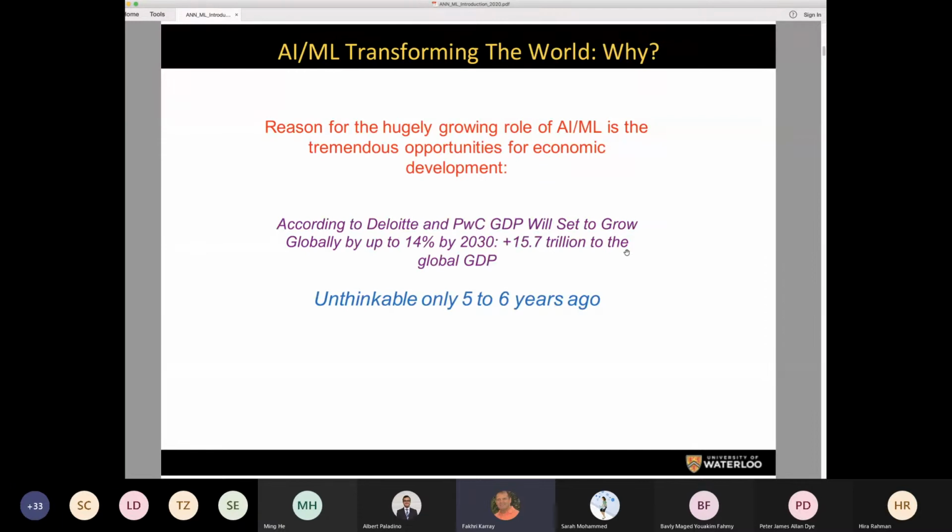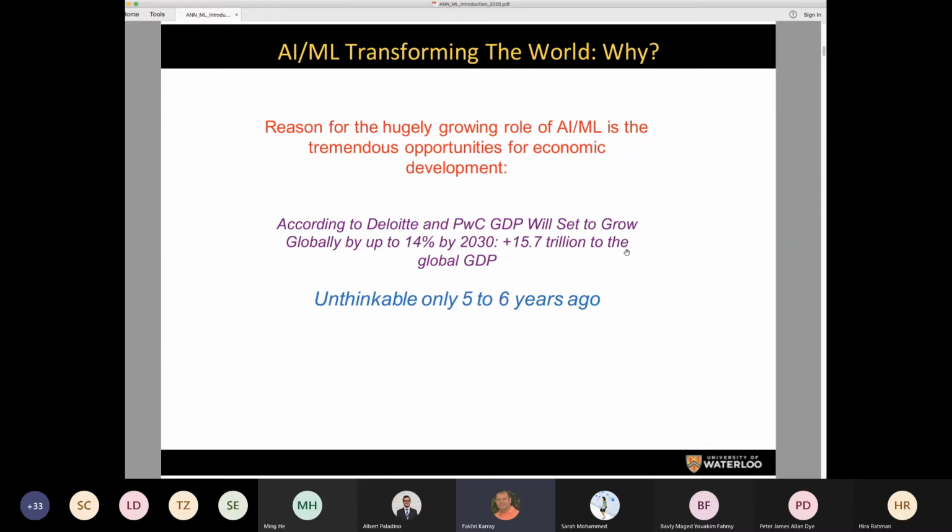The reason for the hugely growing role of machine learning and artificial intelligence is mostly dictated by tremendous opportunities for economic development. As we can see from this small statistic, according to Deloitte and PricewaterhouseCoopers, the GDP is set to grow globally by up to 14% by 2030, which is almost $16 trillion added to the global GDP.